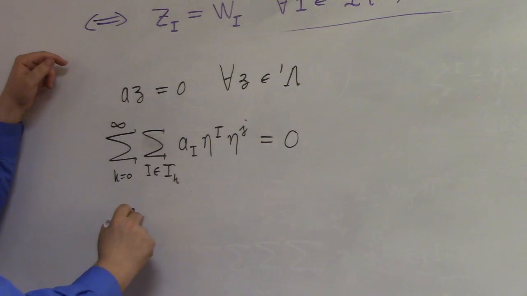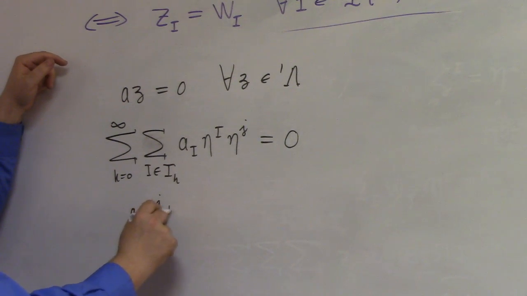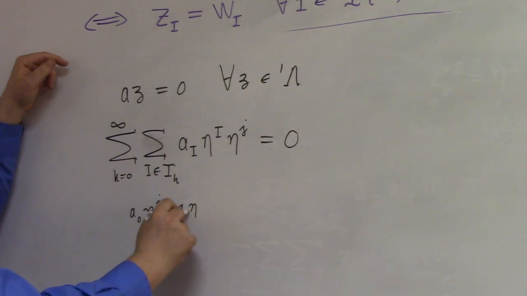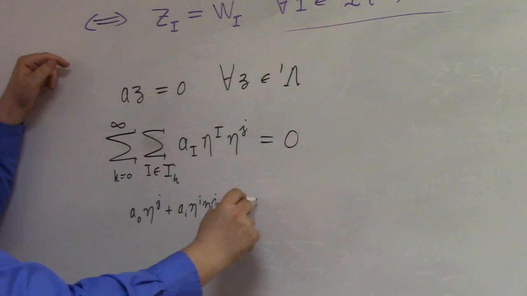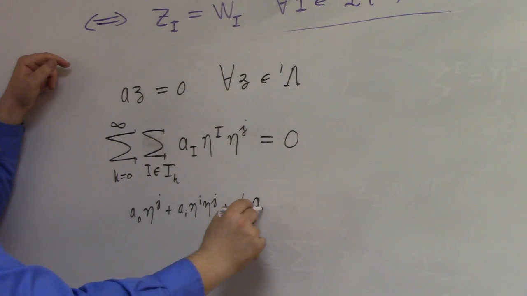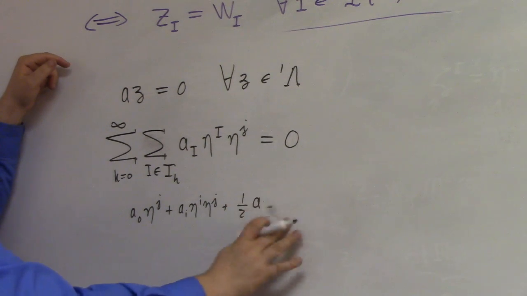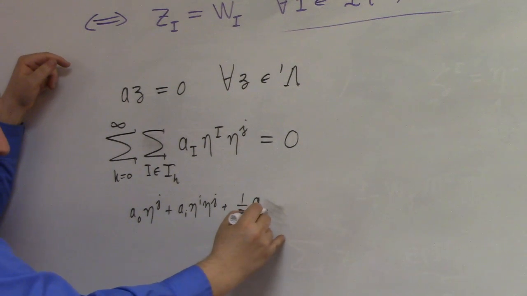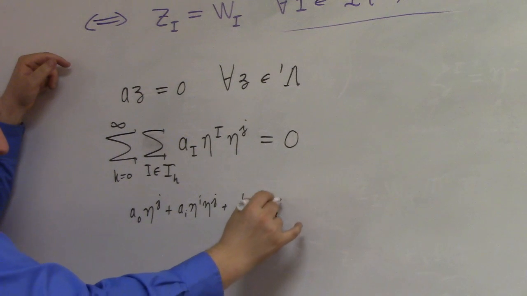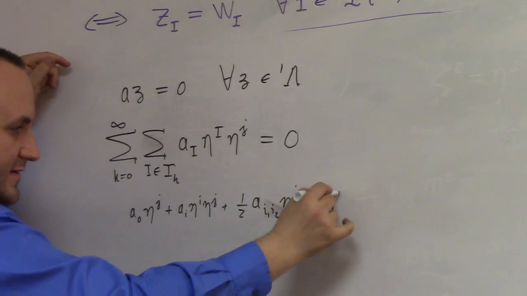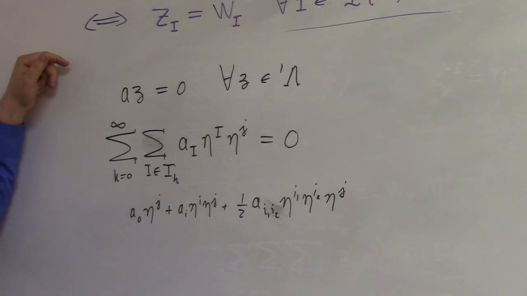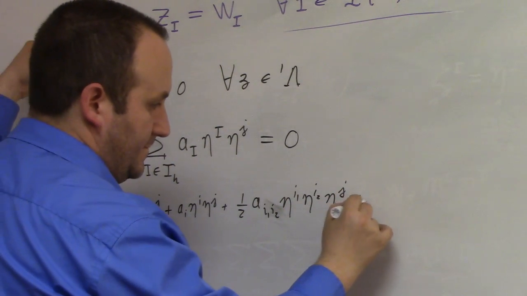This is a0 eta j, plus a1 ai eta j plus 1/2 a I. Fine, at some point I'm going to have to start numbering these indices. I1, I2, eta I1, eta I2, eta j, and so forth.